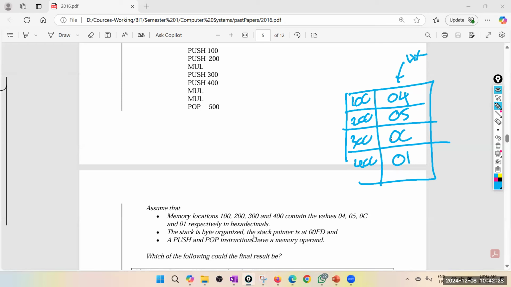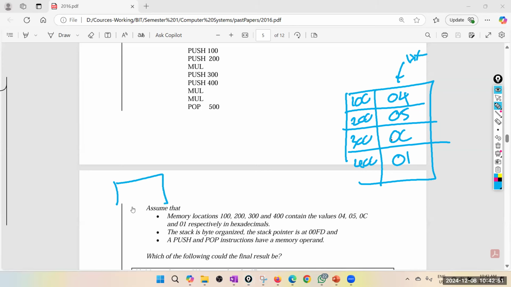The stack is byte organized, that is byte by byte. The stack pointer is 00FD. Stack pointer means top. Now the top of the stack is 00FD. So that means these addresses are also possibly hexadecimal.